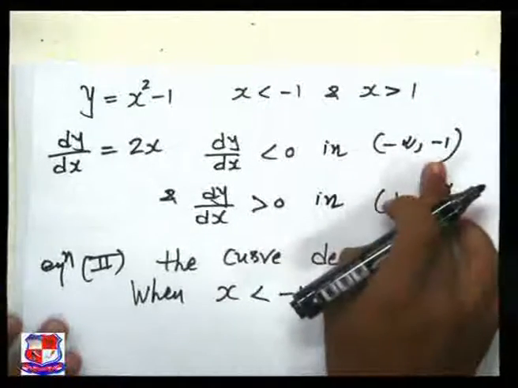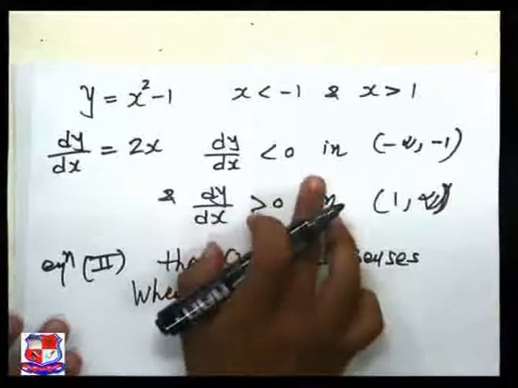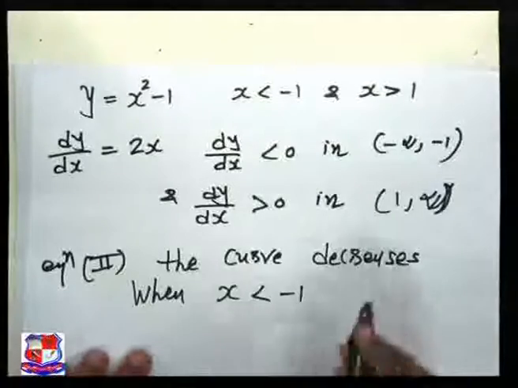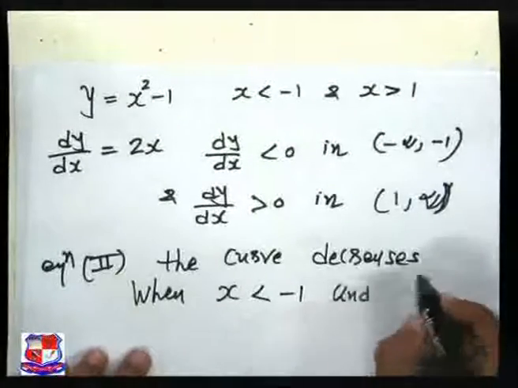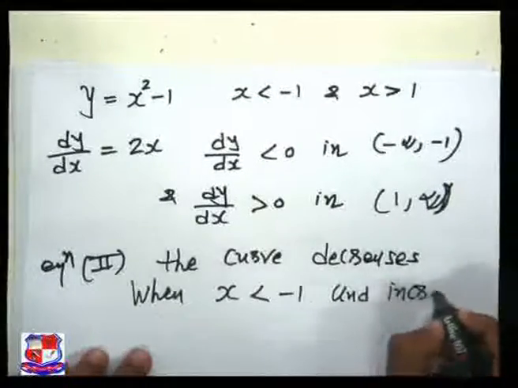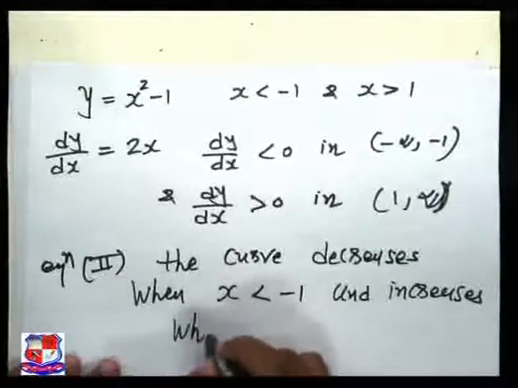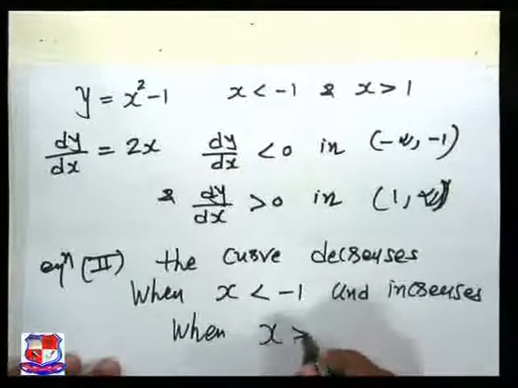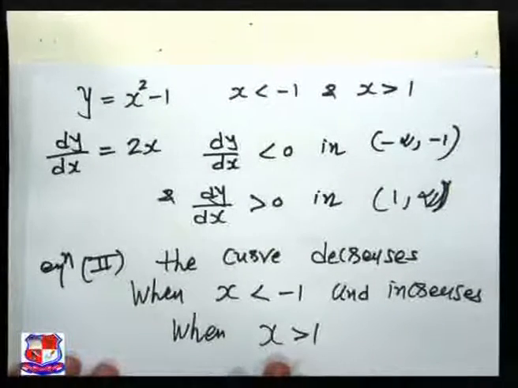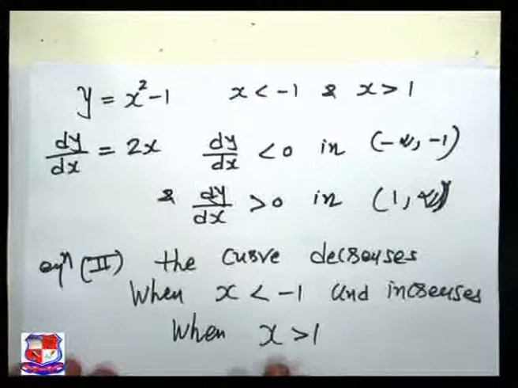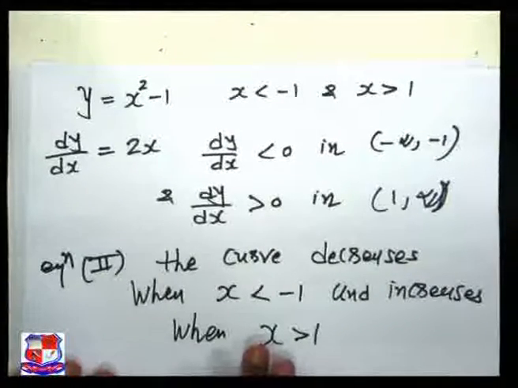Because in minus infinite to minus 1, the dy by dx is less than 0. So the curve decreases when x is less than minus 1 and increases when x is greater than 1.